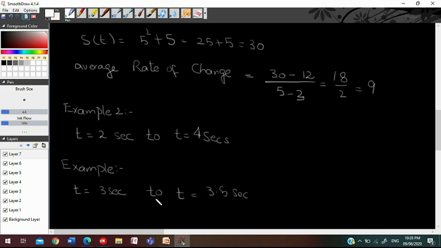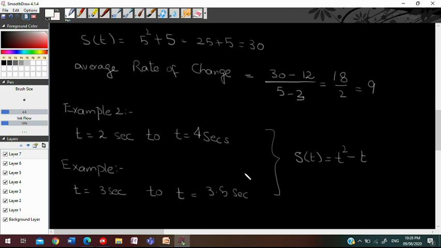You can calculate it by using the same formula for both examples, the formula for calculating average rate of change. Now, these all three examples are for large distance.